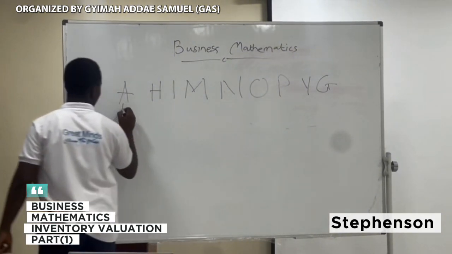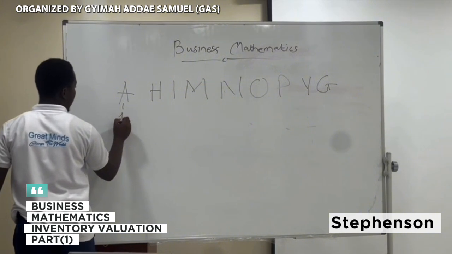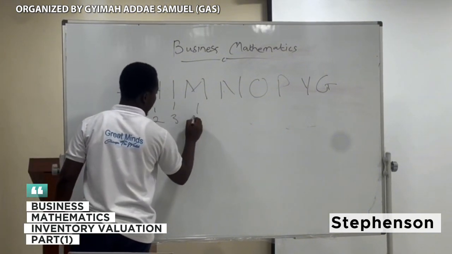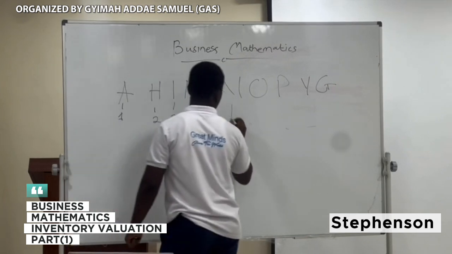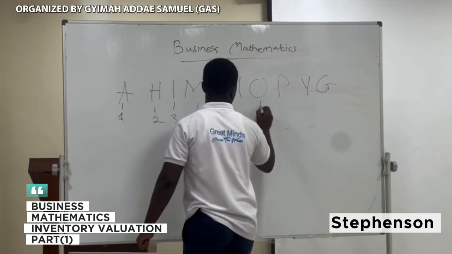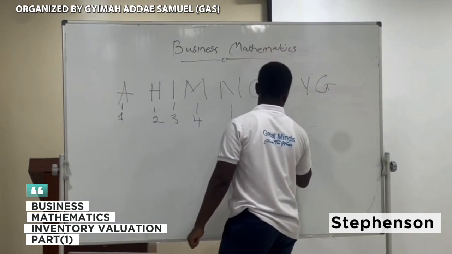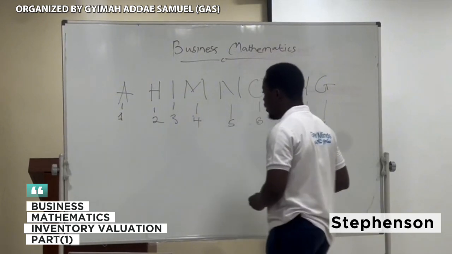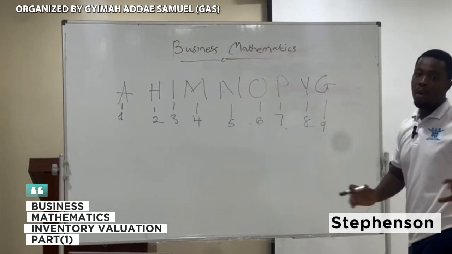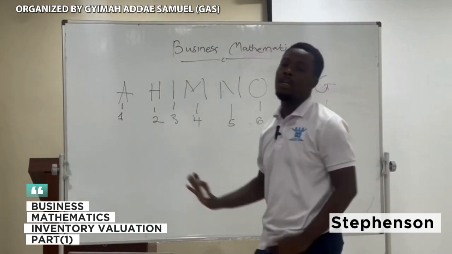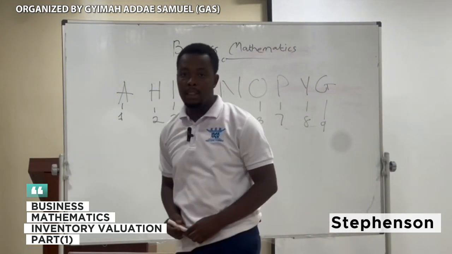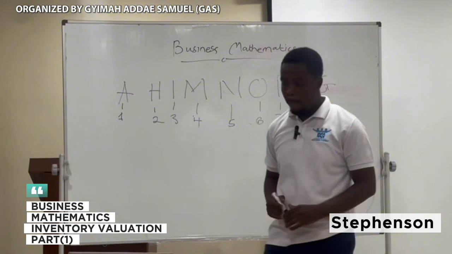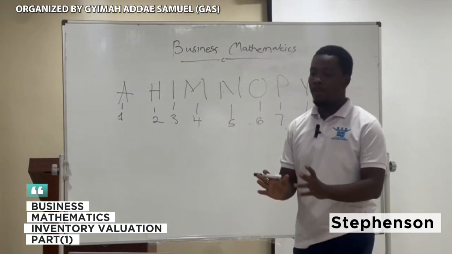So we have 1, 2, 3, 4, 5, 6, 7, 8, and 9. Now we are coming to learn how we can decode this information. It will be given in this way. The product will be given, let's say water.